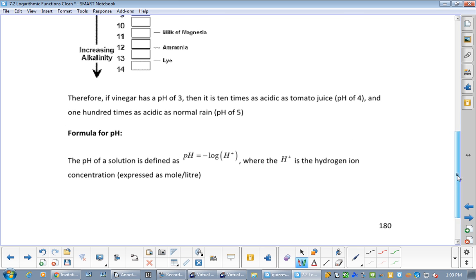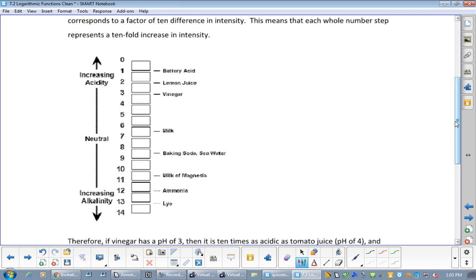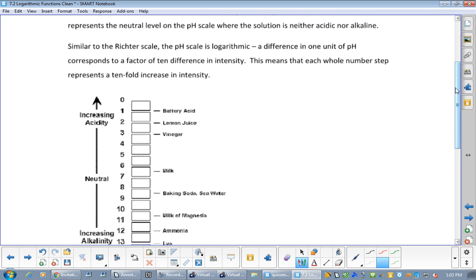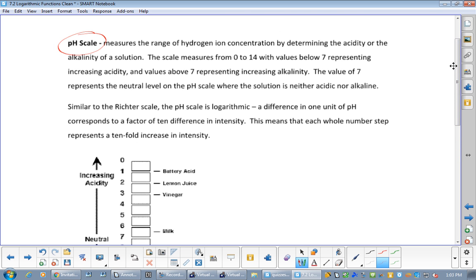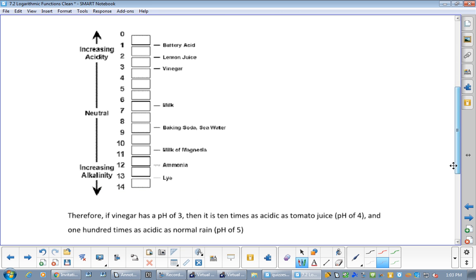Okay, here's another one that goes by this, and you might have heard of this, the pH scale. pH is another logarithmic function, exponential. Now, they'll give you this chart. They'll tell you that the lower the number, the higher the acidity.